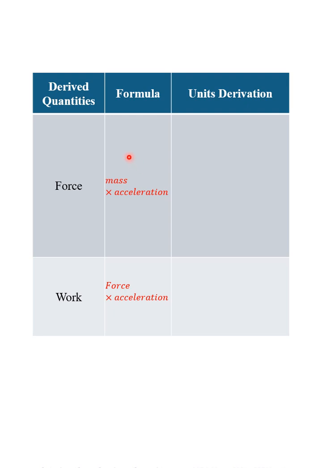Another derived quantity we are going to look at is force. The formula for force is mass times acceleration. Mass is a fundamental quantity, and the unit of mass is kilogram. So we're going to multiply the unit of mass by the unit of acceleration, which we've just derived, so that the unit of force becomes kilogram times meters per second square, where meters per second square is the unit of acceleration.